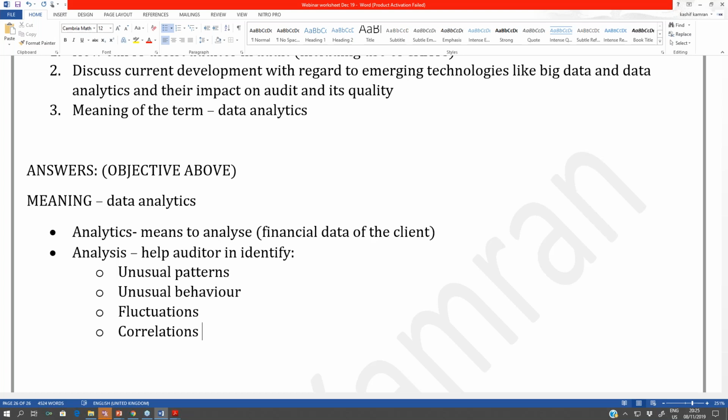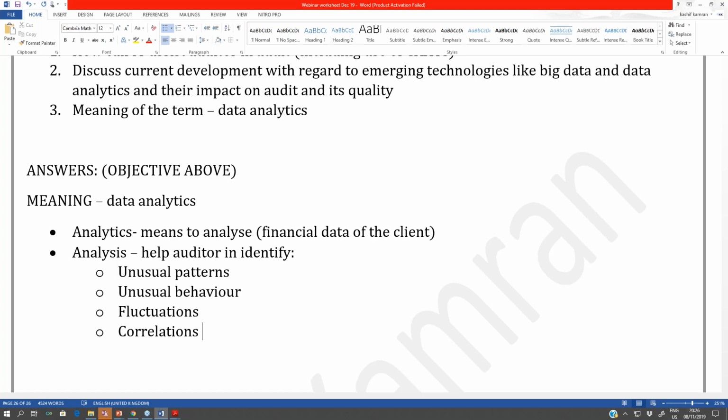You need to assure that you study and analyze the data, and that data will really help you with unusual patterns, behaviors, fluctuations and correlations, right? We know all the big four firms now have data analytics software, whether it is Deloitte, PricewaterhouseCoopers, E&Y, or KPMG.